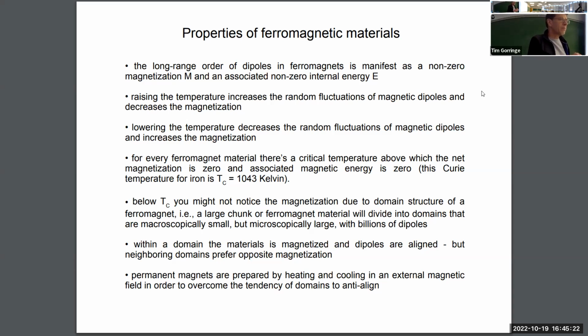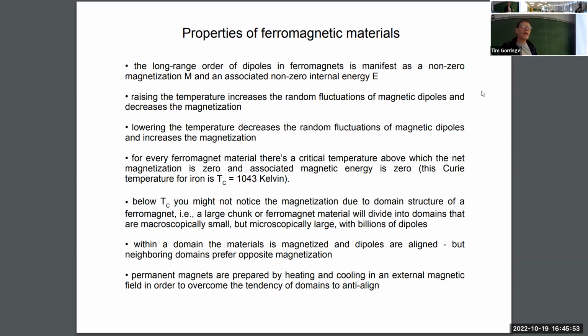Those domains would have a magnetization. And so they would exhibit an ordering in a given domain, but you tend to get neighboring domains having opposite magnetization. So that for the bulk of the material, for a large slab of iron, the domains orientated in one direction will cancel with the domains orientated in the other direction.